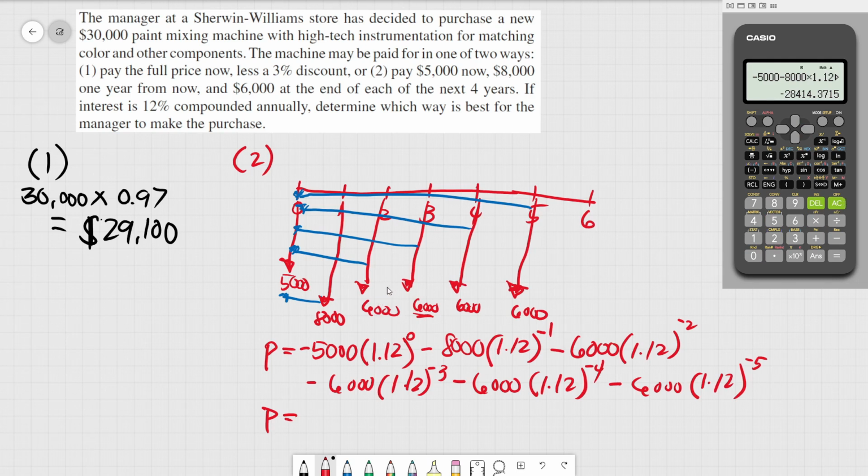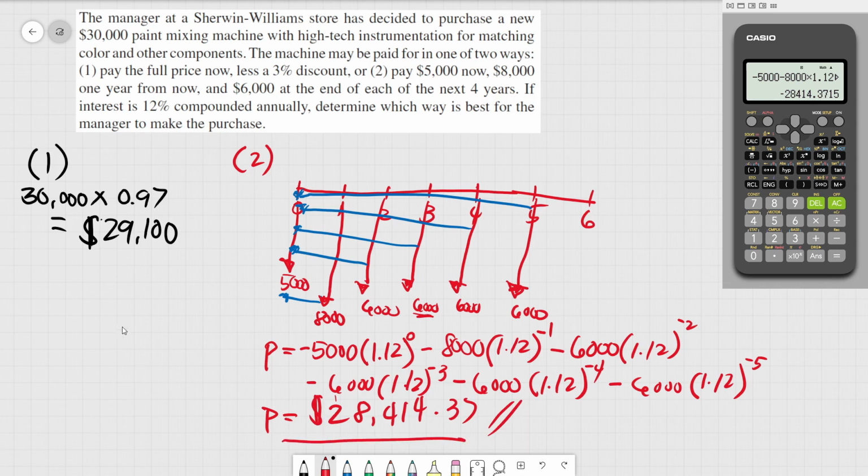Negative dahil outflow yung cash. So, but we can also write this as a positive number dahil pera naman ang pinag-uusapan. So, yung negative dito, yung direction lang nung cash. So, we have 28,414.37 dollars.